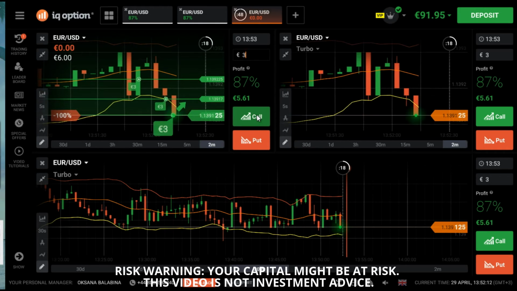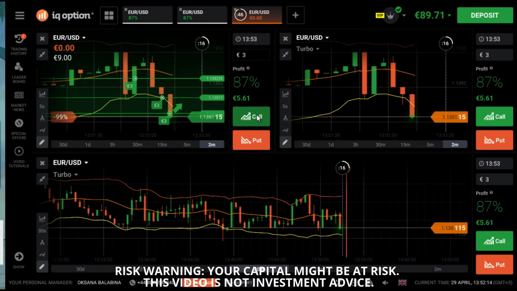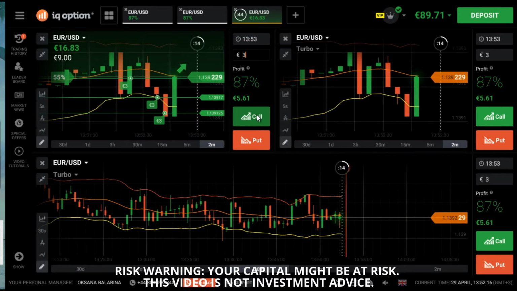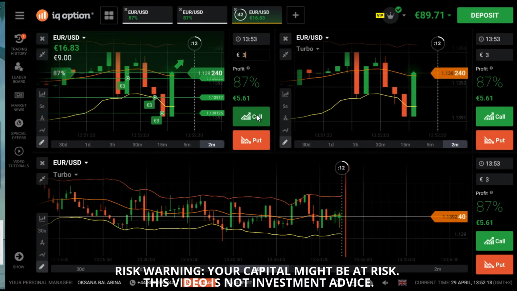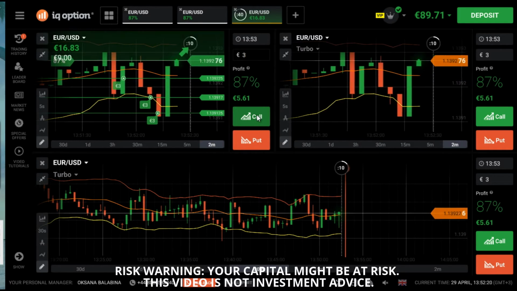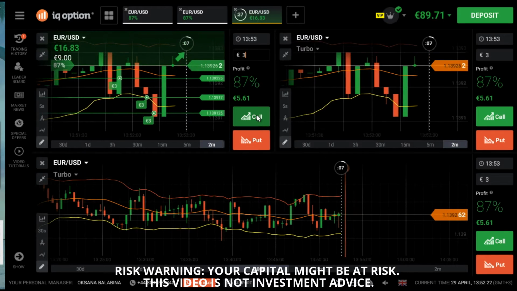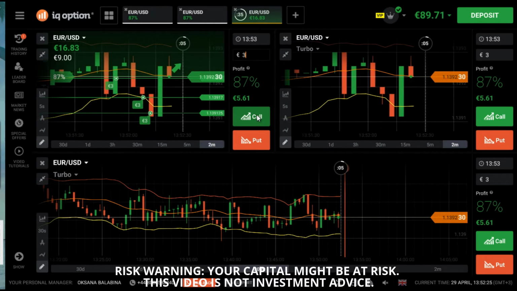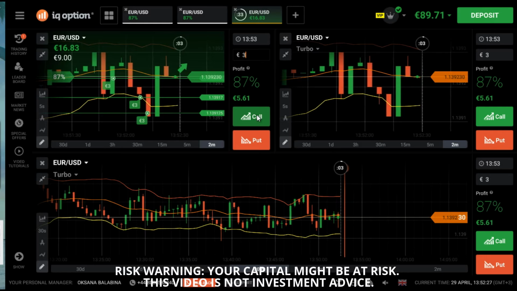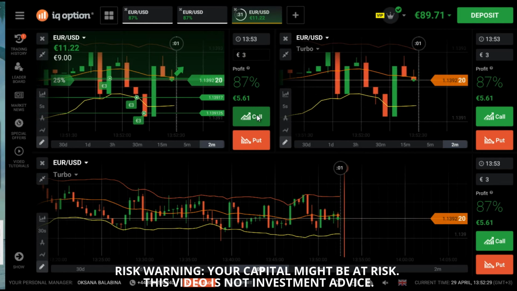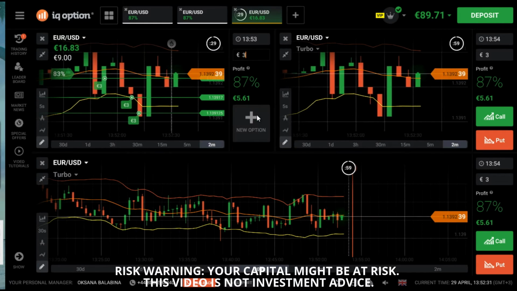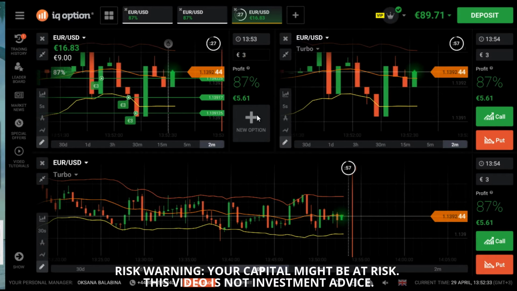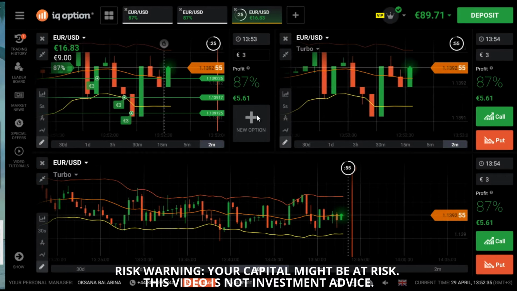Now it's going downwards, so probably I may lose this, but you will see. But I have a secondary window as a backup in case the primary window doesn't work this time. But it seems to be working.